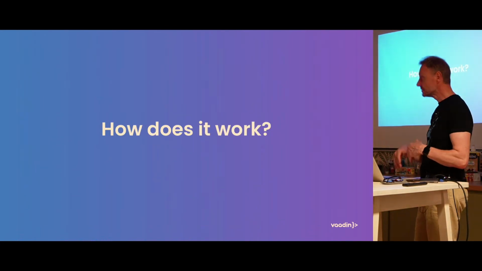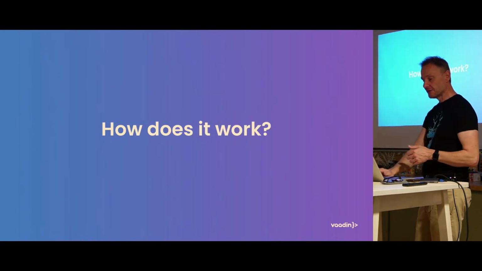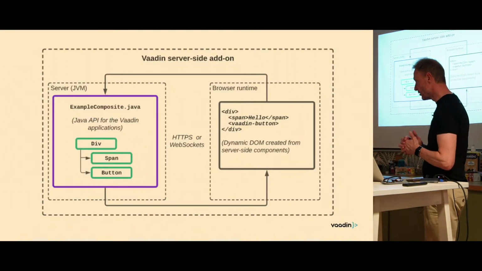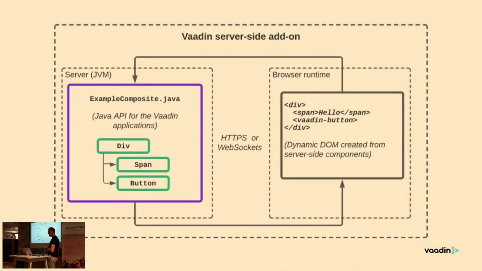This has also changed over time. Like I said, it's not a new framework, but we have changed the implementation, and I think this explains how we are able to change the implementation for 20 years and still keep the same kind of APIs. If you think of a Vaadin application or UI, a single view, you can think of it as one component, or with the route annotation, you make it a view when it has a URL.